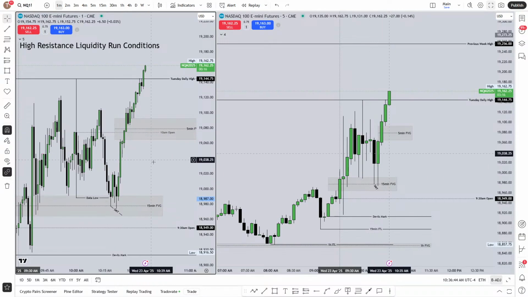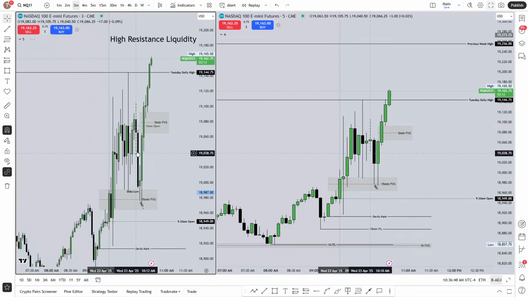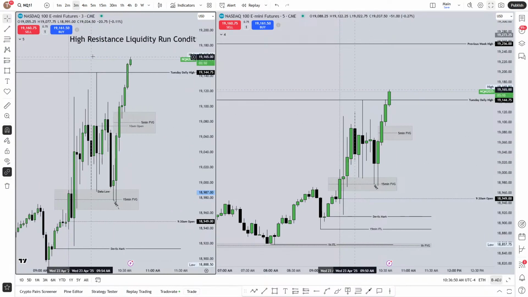Yeah, this was a really good setup here. Data low swept, 3 minute inversion fair value gap right here. Data high at equal highs with Tuesday.